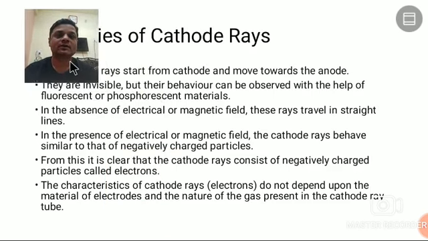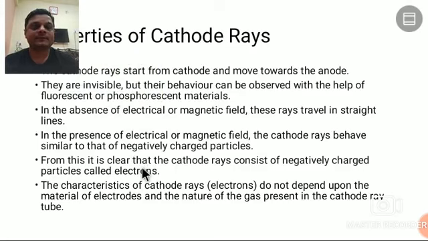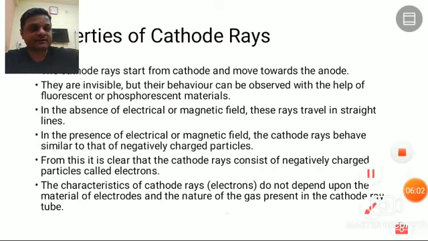In the presence of electric and magnetic fields, the cathode ray behaves like a negatively charged particle. So it is clear that cathode rays consist of negatively charged particles, called electrons. The characteristics of cathode rays do not depend upon the material. These are the conclusions he made after the experimentation.